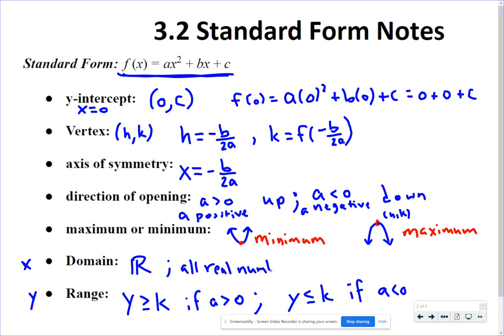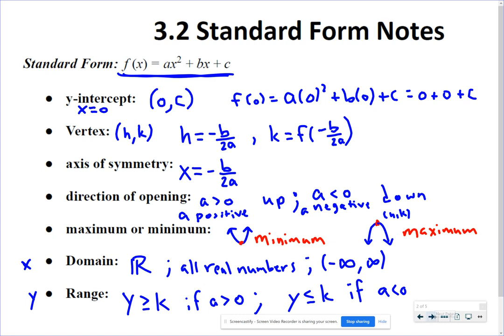That's what that capital R means. Domain is all real numbers. I think we've talked about this before. Another way of writing it would be in interval notation. We go from negative infinity all the way to infinity. So we go all the way across the x-axis, from negative infinity all the way to infinity. That would be another way of writing the domain of a quadratic function.